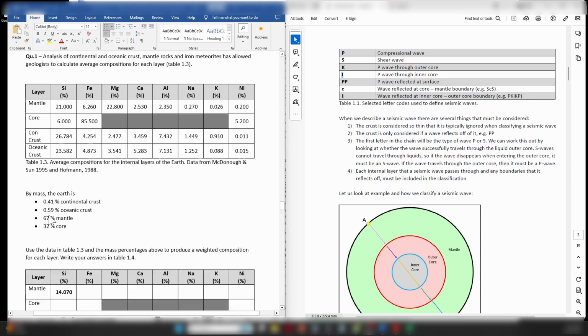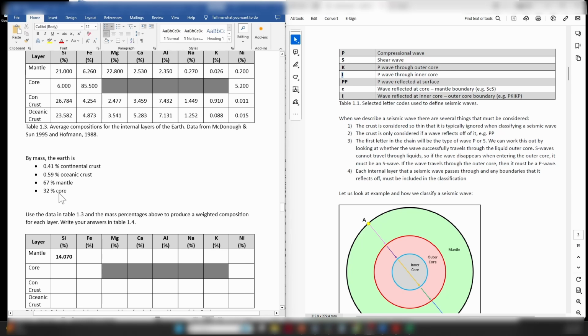So if we look at this information here, you can see we have our 4 layers: core, mantle, oceanic crust, continental crust. And you can see the core is about 32% of the Earth's total mass, the mantle is about 67%, the oceanic crust is about 0.6%, and the continental crust is about 0.4% of the Earth's total mass.